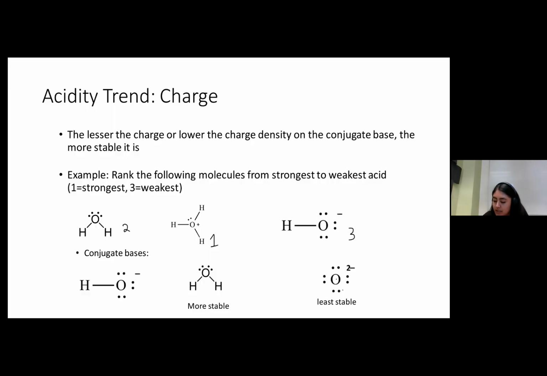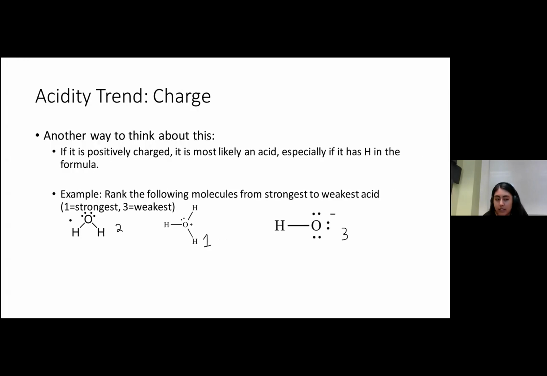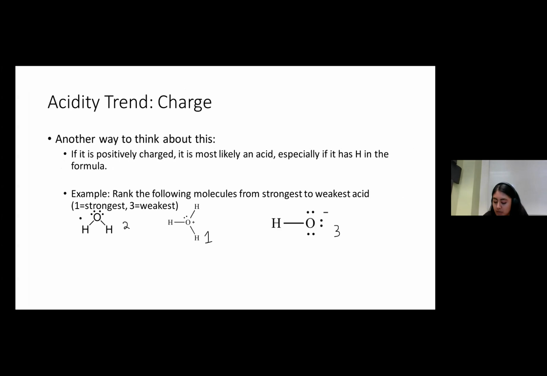So next, this is just the answer, so you guys can look at it later. Another way you can think about charge and how it affects acidity is that in Gen Chem, when a molecule had a positive charge, it was usually an acid. So if a molecule is positively charged, it's most likely an acid, especially if it has an H in the formula.